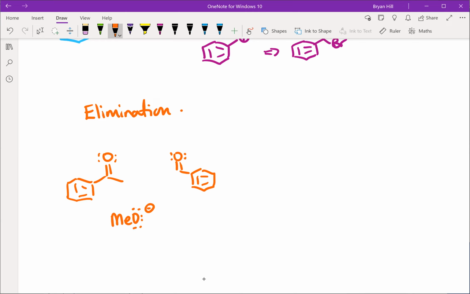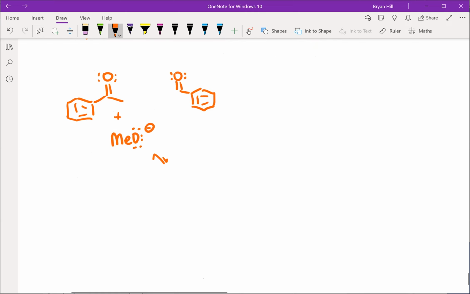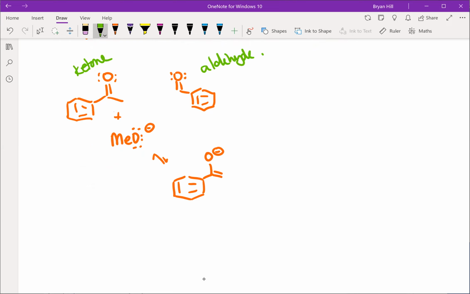So as I said before, these two are going to be in equilibrium, which is going to strongly favor the ketone. But you're going to generate a little bit of enolate. This enolate is then going to look for an electrophile to attack. If you're comparing a ketone to an aldehyde, the aldehyde's more electrophilic because that methyl group's pushing electron density, which means this has got a larger delta plus.